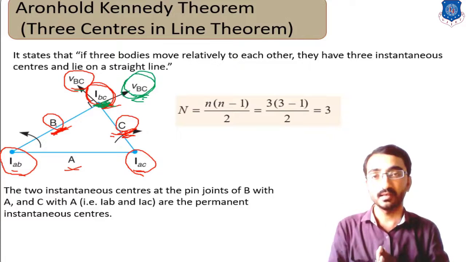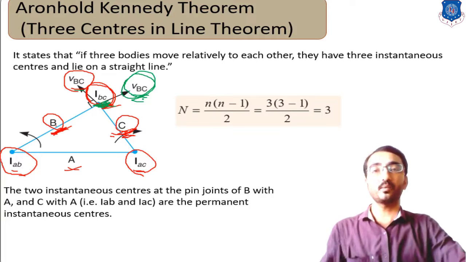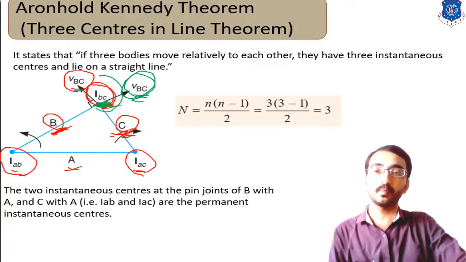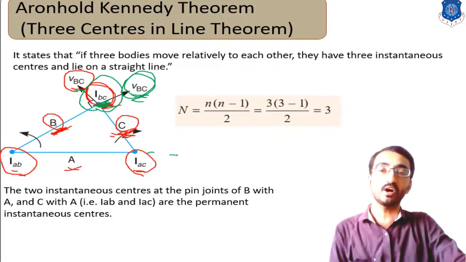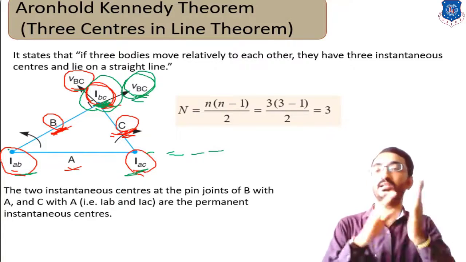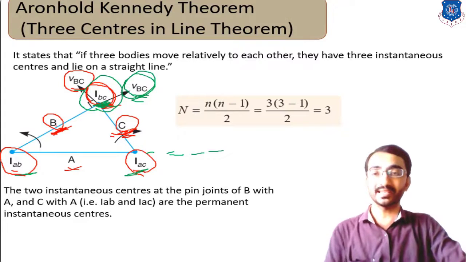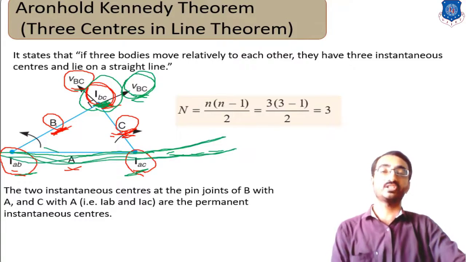Is it possible? No, it is never possible. So if we want to locate this point IBC, then this point must lie on the line joining IAB and IAC. It must lie on this line in the horizontal plus x direction or minus x direction, or at any intermediate point on this line, but the basic condition is that it must lie in this horizontal direction.